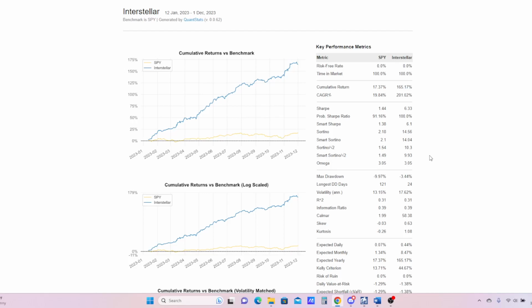But Sortino divided by the square root of 2 makes them comparable. That's interesting. I never knew what Sortino, especially the square-rooted one, meant. So that's very good information to have. Thank you.